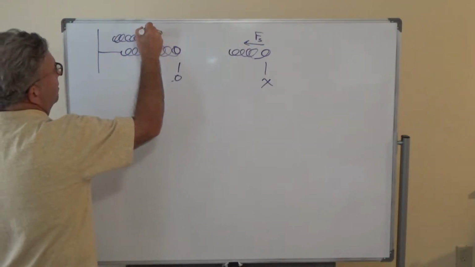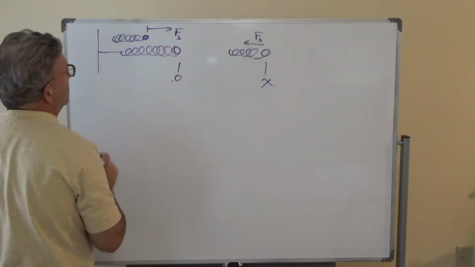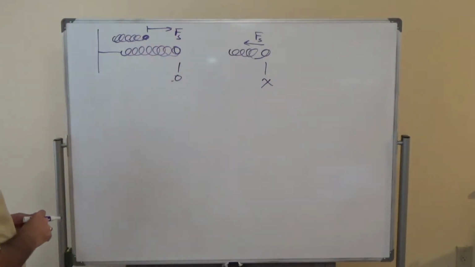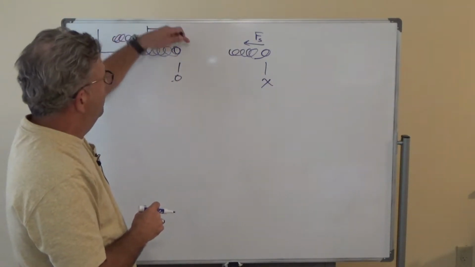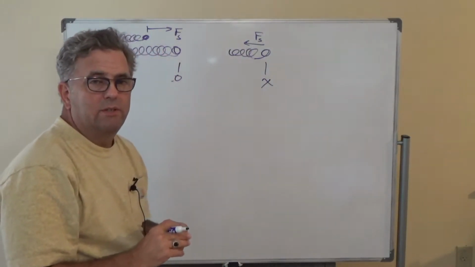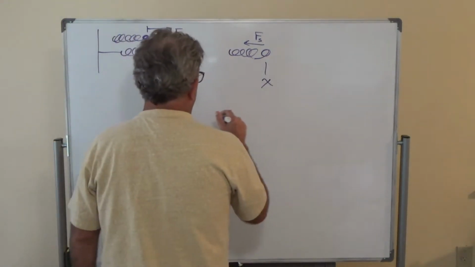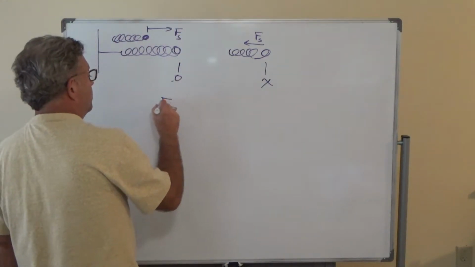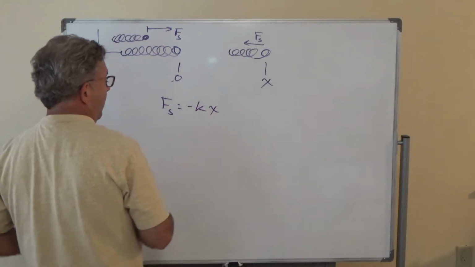Then there is some force in this direction. So you compress the spring, you get a force in that direction. You stretch the spring, there's a spring force in that direction. So the model that we're going to use, the spring force is equal to minus kx.